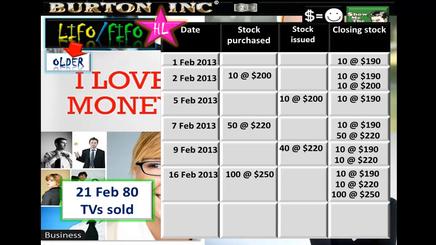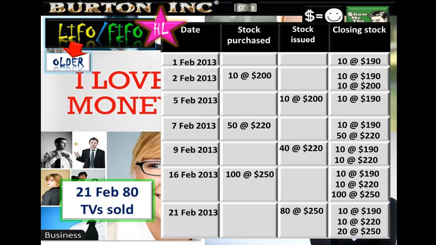We're going to eat into our newer stock as much as possible. So 80 TVs sold. They all must come from the higher valuation of our newest stock in. So those are the TVs that we bought in at $250. 21st of February, we sold our newest TVs. So 80 at $250, which leaves us 10 at $190, 10 at $220, and it must leave us with 20 of our $250 TVs.